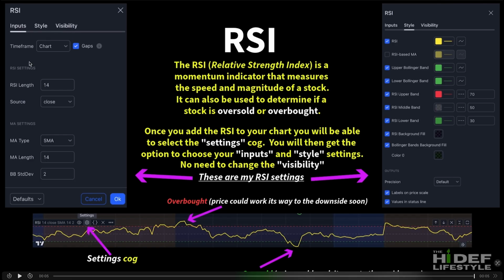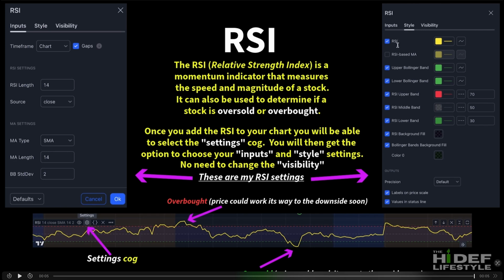All right, so if you have yours pulled up, you can copy these settings right here. So for your RSI, this is what you need to put in. Everything you see right here, I want you to put in. RSI length 14, and so on and so forth. So just copy these settings. Okay. So that's under inputs over here on the left.